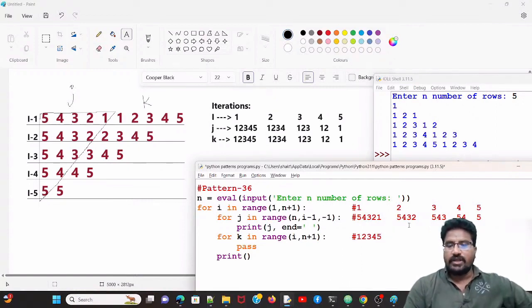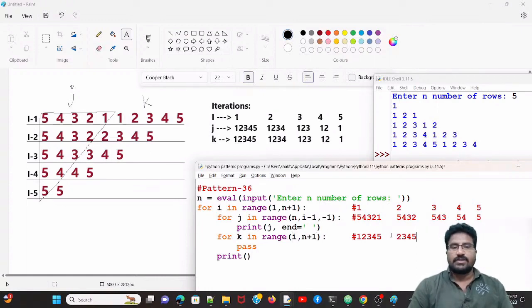Next, when I value is 2, starting 2 is there now, and 5 plus 1 is 6, 6 before 5. So it means 2 to 5 now, right? First 2 will come, then 3, 4, 5 like this. Next, when I value is 3, starting 3, ending is fixed.